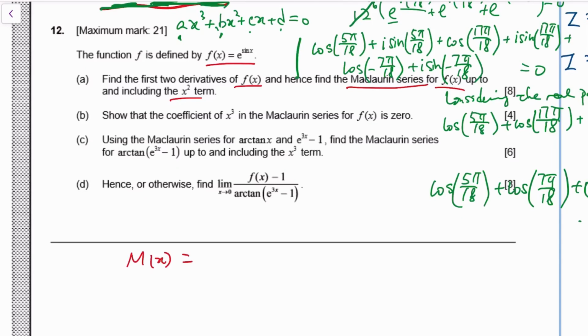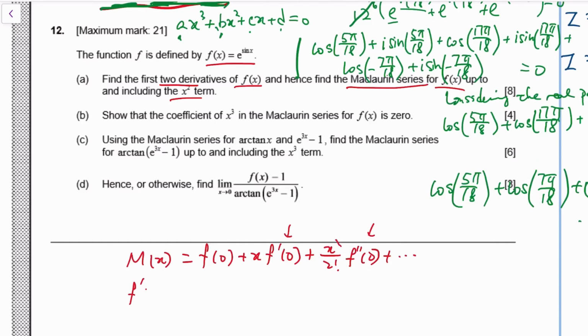They use f(x) for Maclaurin, but technically you need to have infinitely many terms for it to be f(x), so I usually write M(x). So this is the formula that they give you. I will just use the form that they give you. Okay, so that's obviously why we need the first two derivatives. It's for these two, so let's do it.